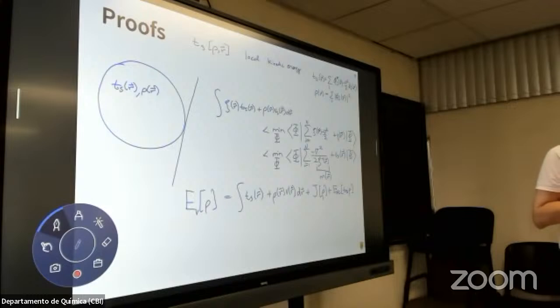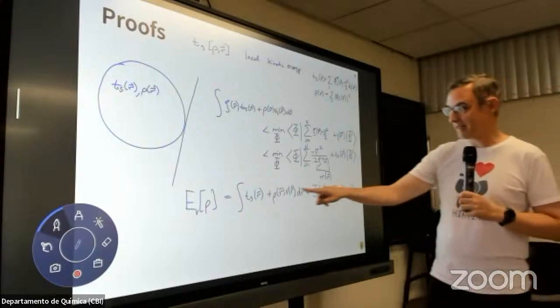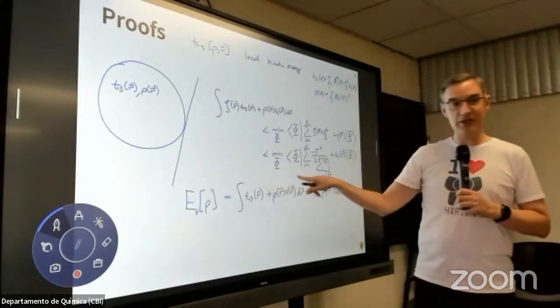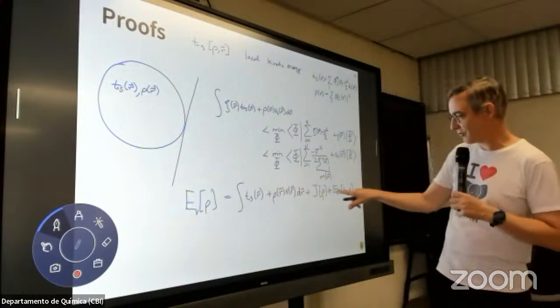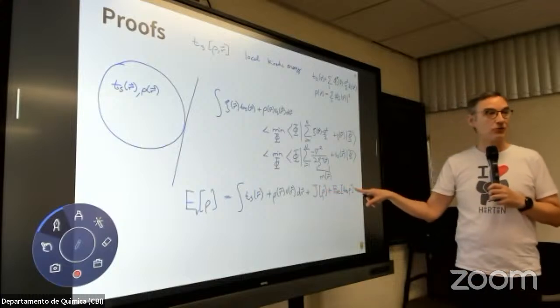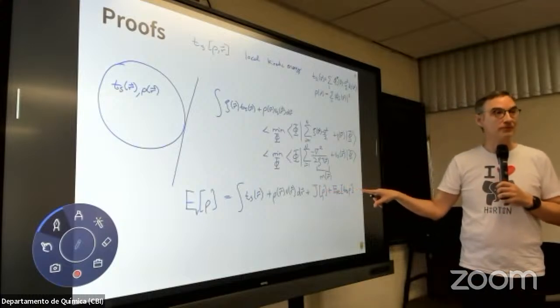This should make sense to people, right? This is just me rewriting the exact energy as kinetic energy plus interaction with the external potential plus Coulomb plus some sort of exchange, right?